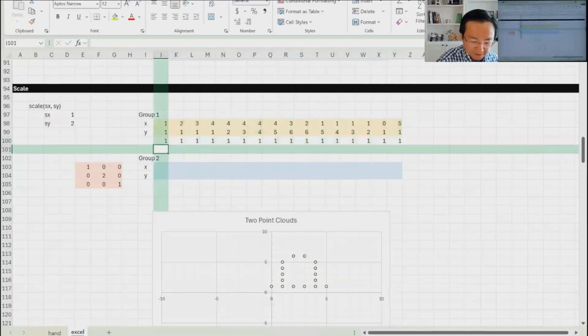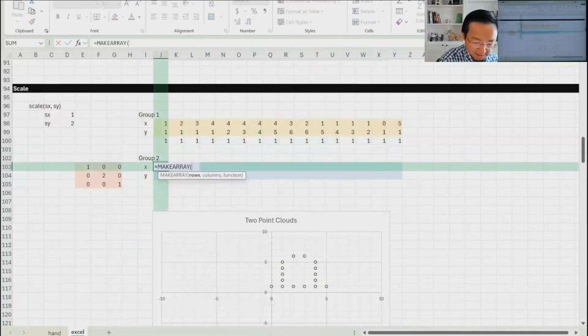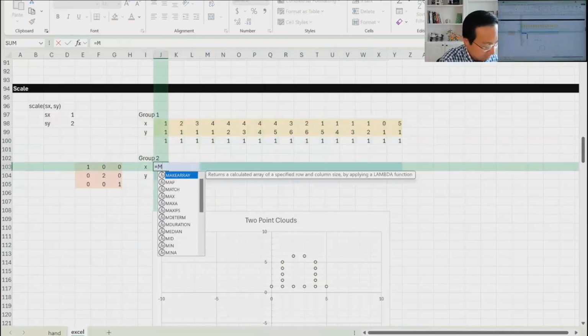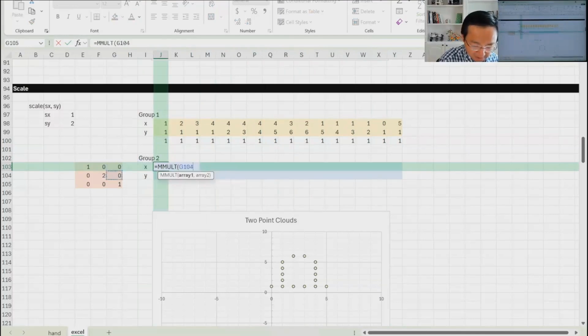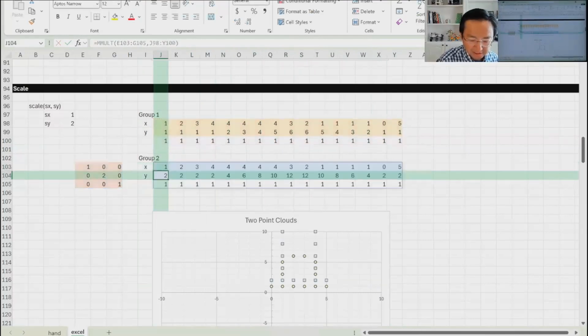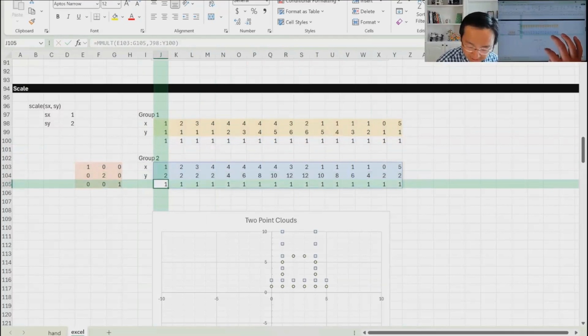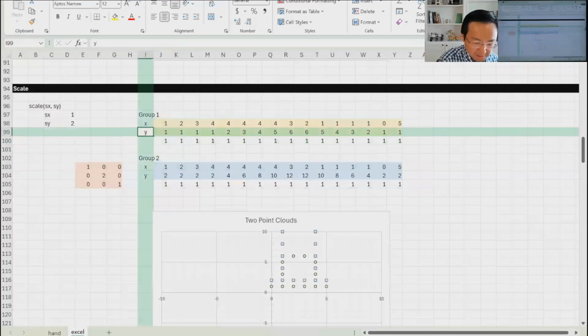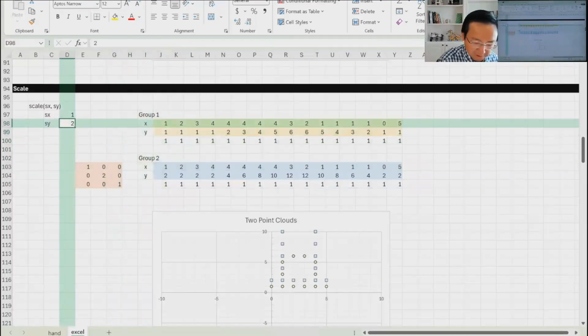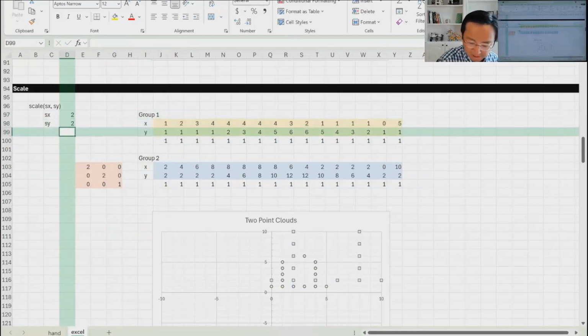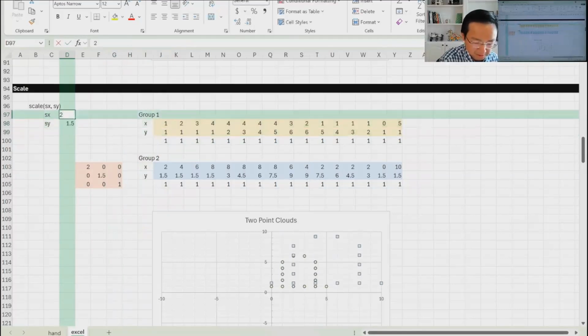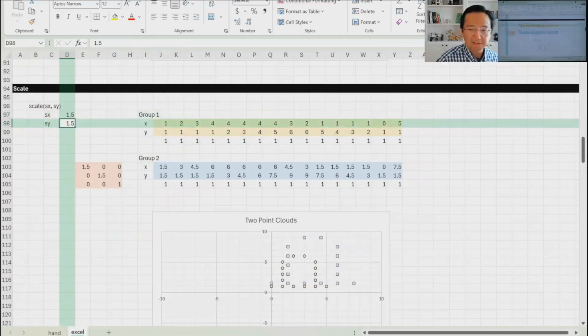Then I'll be able to do the matrix multiplication, select my scale matrix and my input, a group of point locations, and get the result. Now I can see that the blue one grew to the top because my y scaling factor is bigger. If I shift it to 2, 1, you can see it grow in a different direction. You can see that the things change.